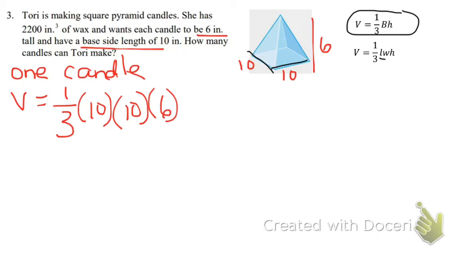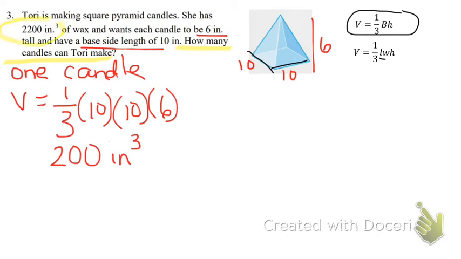So multiply that out. 10 times 10 is 100, times 6, divide by 3, and one candle is going to take 200 cubic inches of wax. Okay, so now I got to reread the problem. How many candles can she make? That was the question.